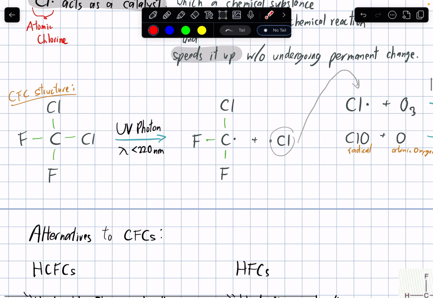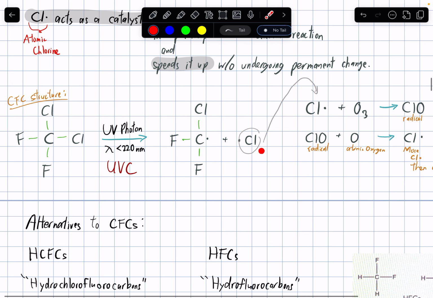So, what is the structure of CFC? We have carbon in the middle, with chlorine, chlorine, fluorine, fluorine. Once we expose it to a UV photon, more specifically one with a wavelength of less than 220 nanometers, which I believe is UVC, what's produced is an atomic chlorine.